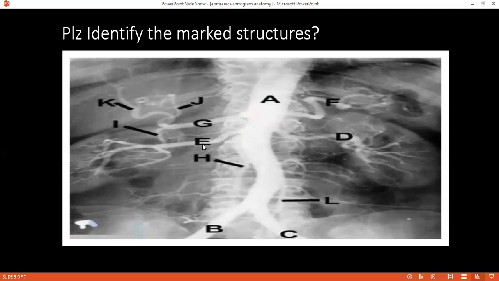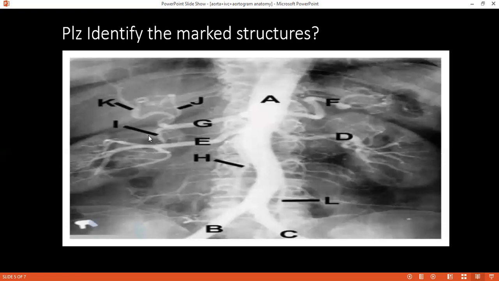E, right renal artery. F, splenic artery. G, common hepatic artery. H, superior mesenteric artery. Yes.